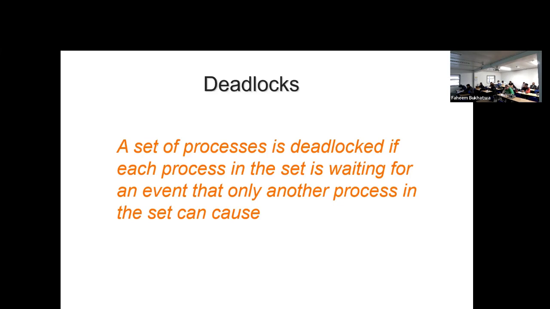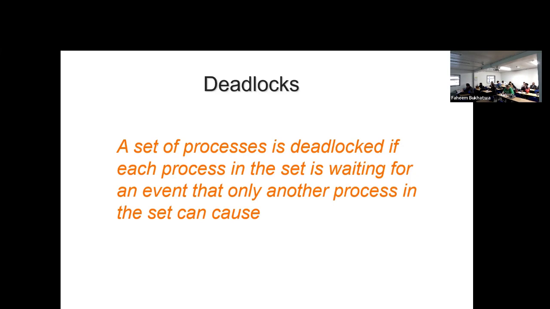So a deadlock really is a set of processes. A number of processes are in a deadlock if each process in the set, like those cars, is waiting for an event, waiting for something to happen.